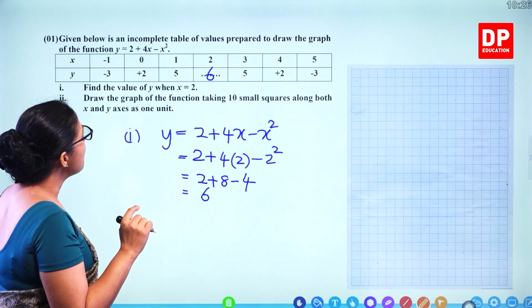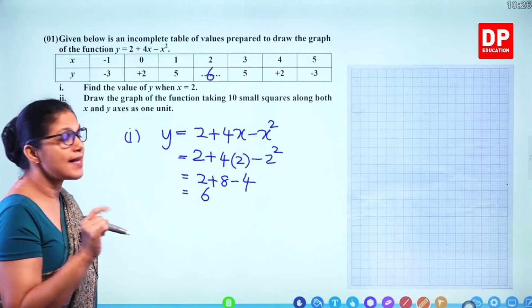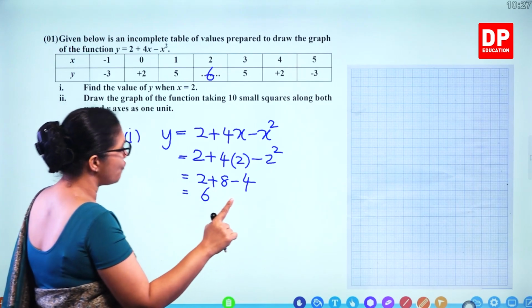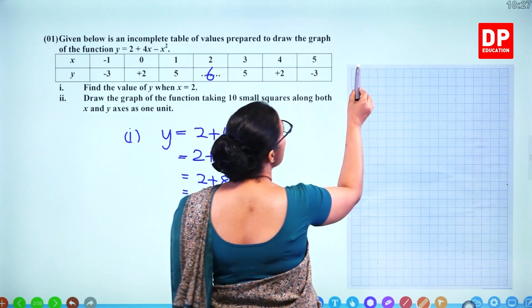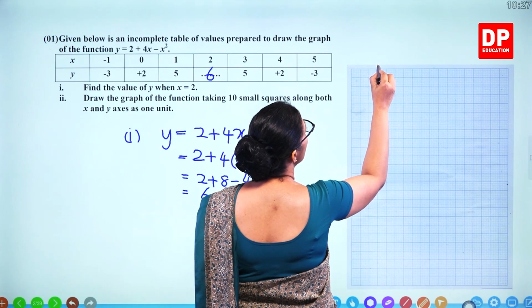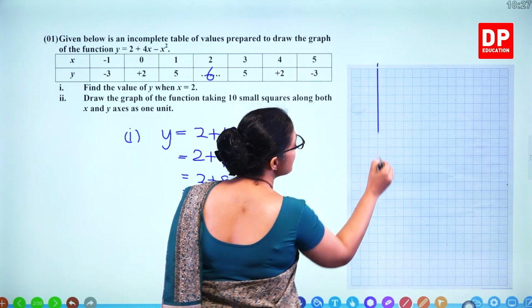Draw the graph of the function taking 10 small squares along both x and y axis as one unit. So, x-axis minus 1 to 5. So, we'll decide what's the y-axis starting from minus 1 here. Minus 1, 0. That means you can draw the y-axis here.